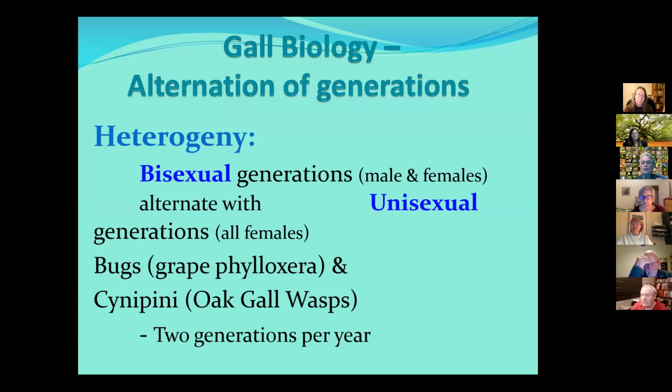One goes through the hard, long winter time, and usually that's the unisexual generation. Everyone that comes out in the spring will be ready to lay eggs. Then in the spring, when there's lots of plant tissue and warm weather for growth, that's when we'll get the bisexual generation coming out, mating, and get the variety we need.